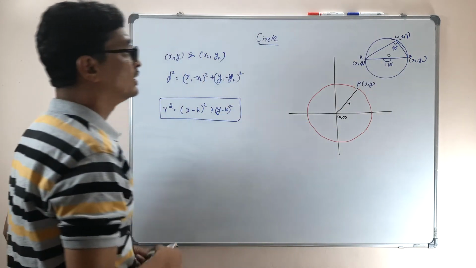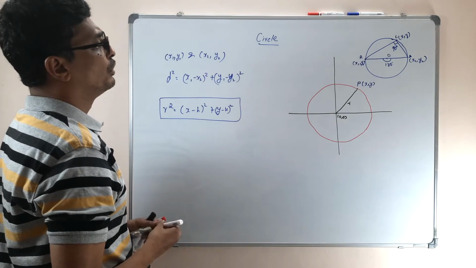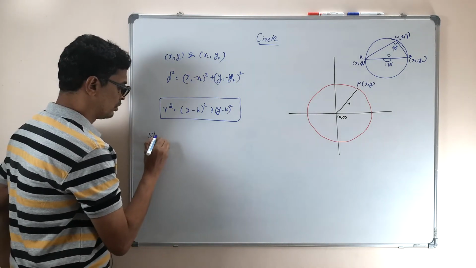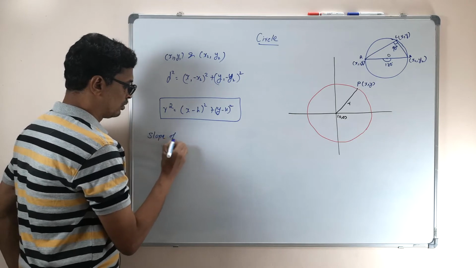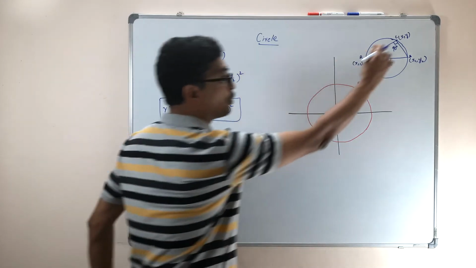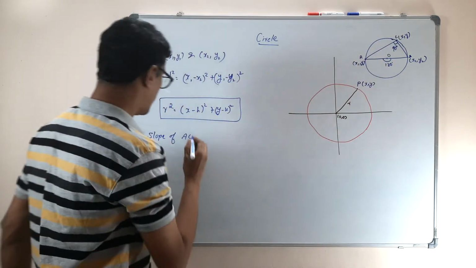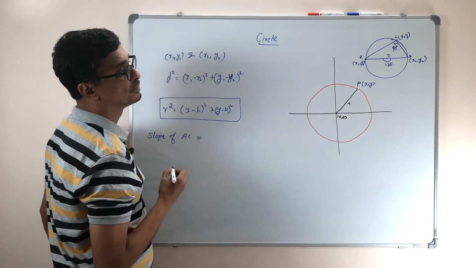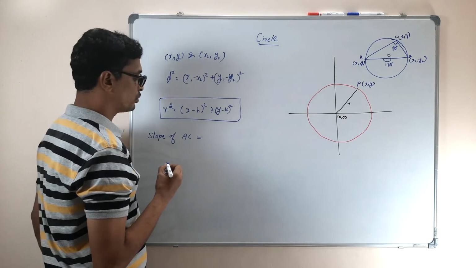So how will you do it? Let us find the slope of this line AC, where C is a point x, y, correct? What is the slope of AC? Tell me. If I give you 2 points, what is the slope?